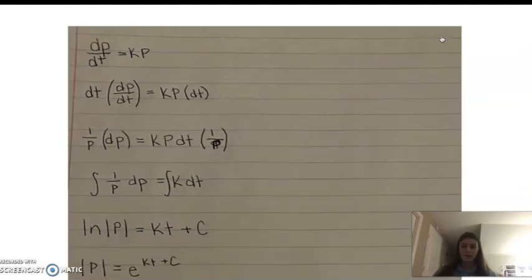Then we want to raise e to both sides to get rid of the natural log, and we're left with |P| = e^(kt + C).